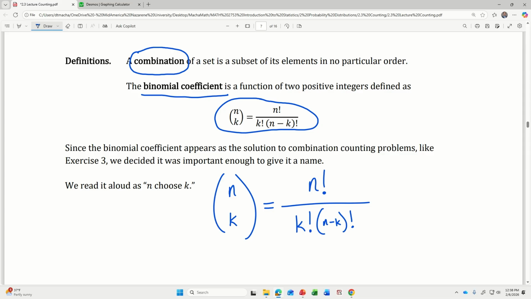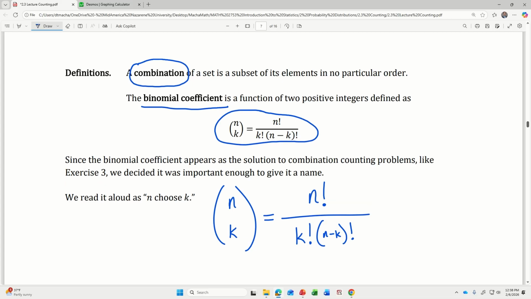So like in our golfer example, this was 12 factorial divided by 4 factorial divided by 8 factorial. If you see this and you're reading it out loud, the way you read this out loud is you say the words n choose k whenever you see the binomial coefficient.